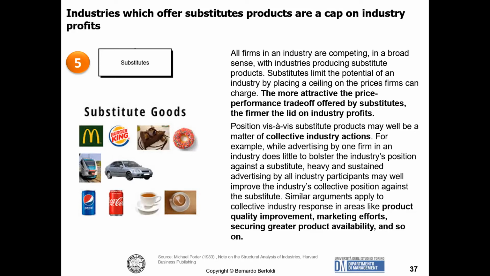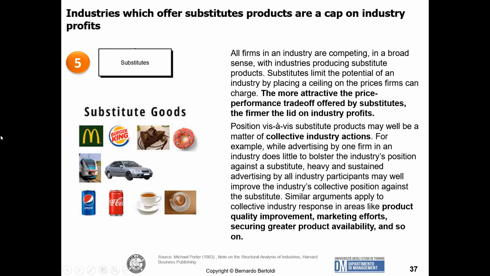Here on the left, we have some examples of this. And the way in which we analyze these examples of substitute goods is understanding what an industry is and how an industry reacts in a collective way to substitute products.